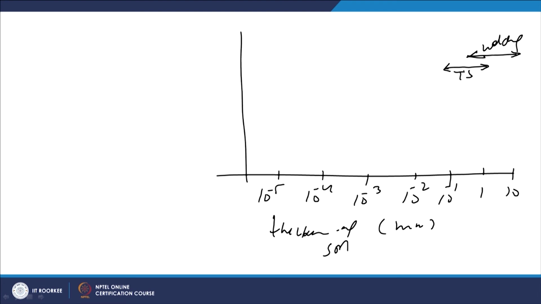And about 10 to 100 micrometer for processes like chrome plating. On the other hand, ion implantation is for very thin layers.